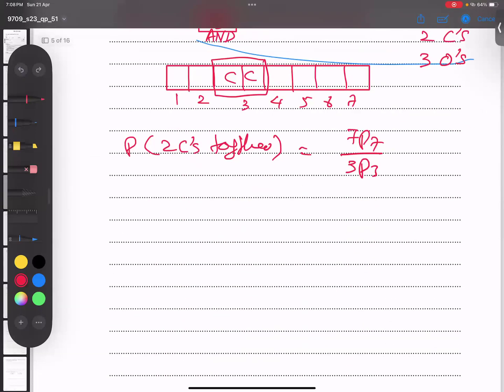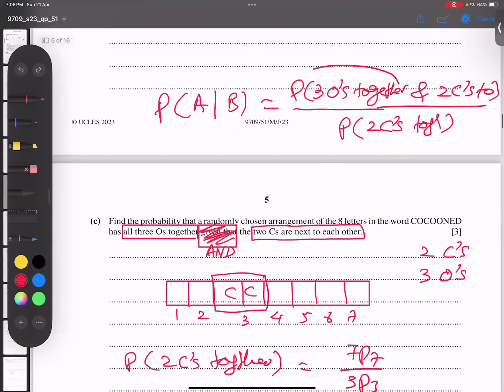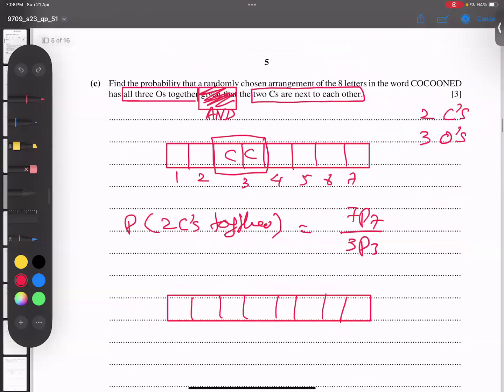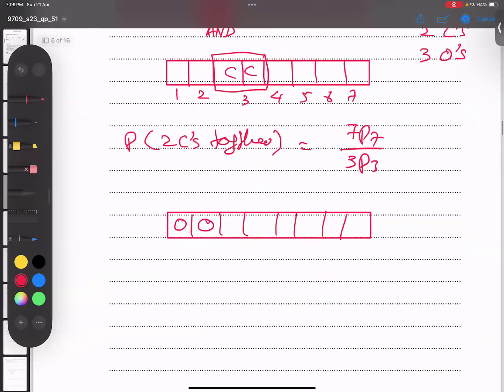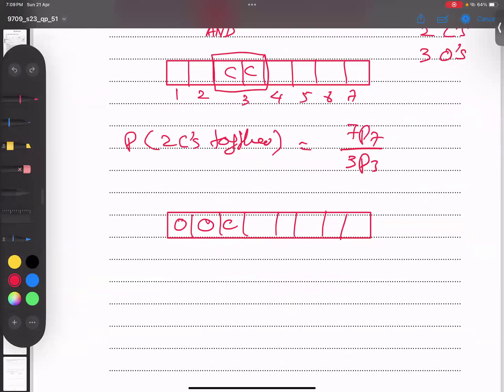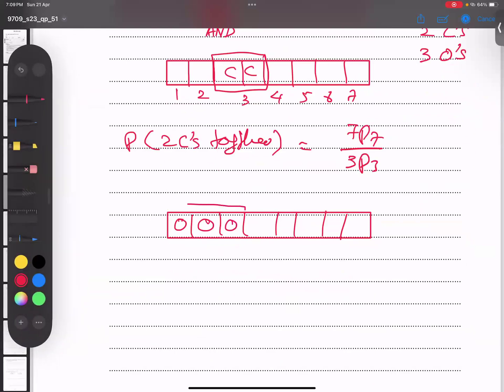Let's make a block. 1, 2, 3, 4, 5, 6, 7, 8. According to the situation, three O's are together and two C's are together. I count three O's together as a block, and the two C's can be anywhere, no issue at all, but okay, I'm writing here.